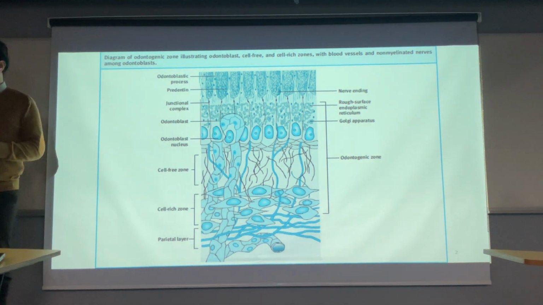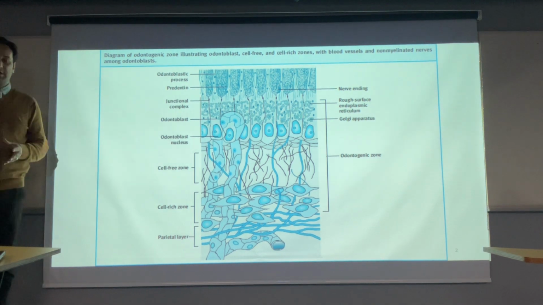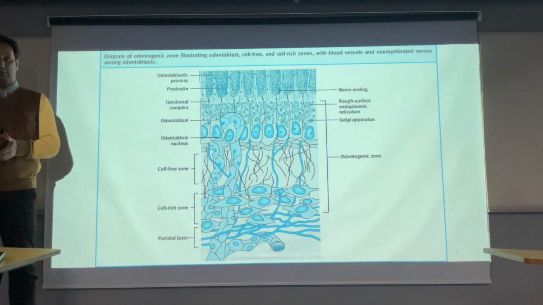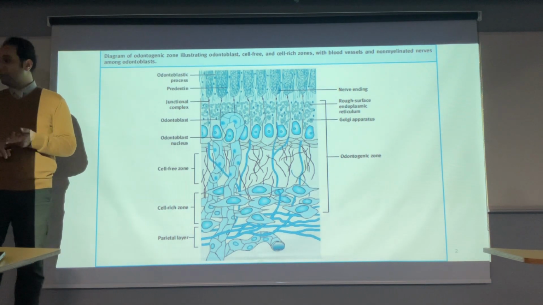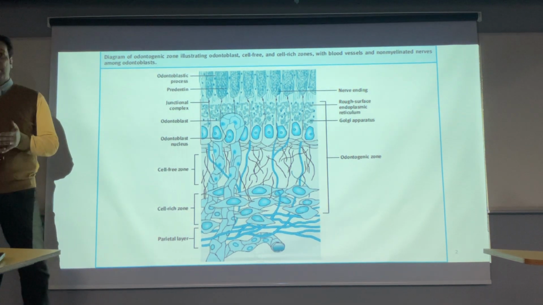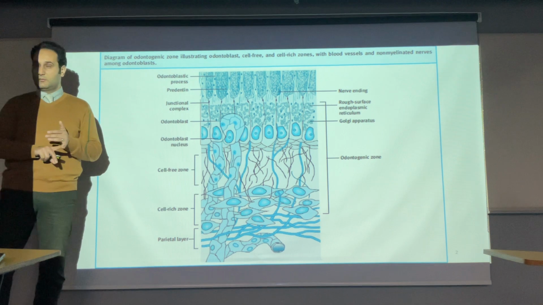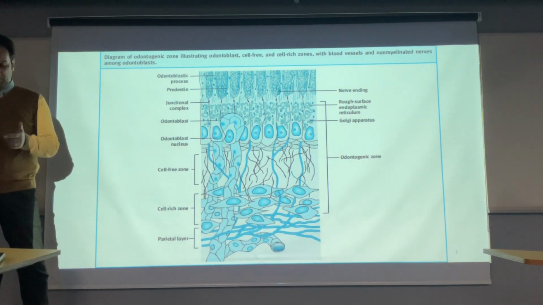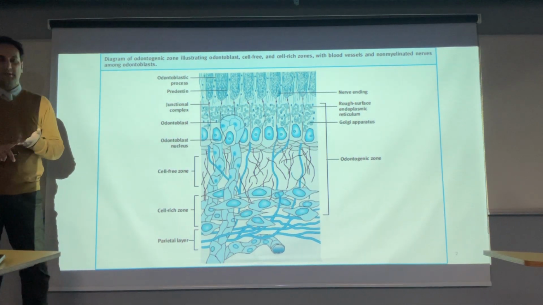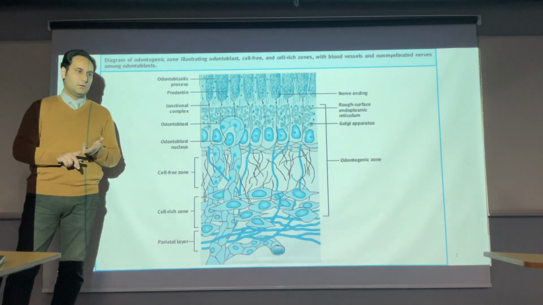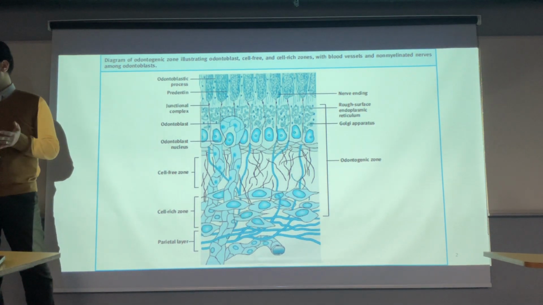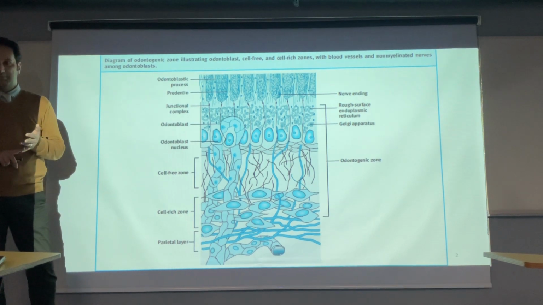In this loose connective tissue, we have all the structures of connective tissue, like collagen fibers, generally collagen fiber type 1, fibroblast cells, blood vessels, nerve fibers, and immune system cells, like lymphocytes, macrophages, neutrophils, basophils, and eosinophil cells. Okay?